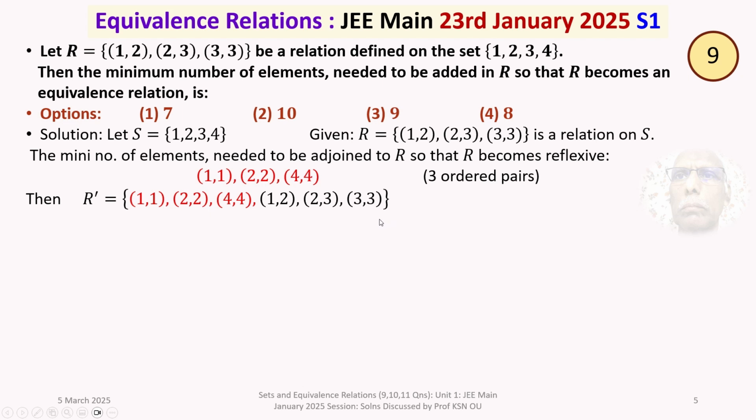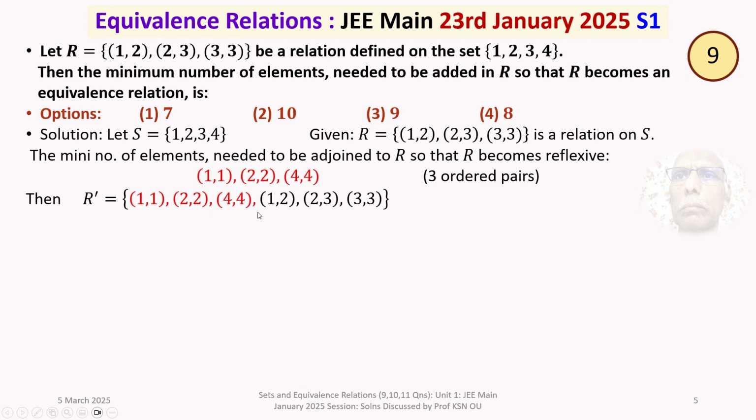No. Why? Because the symmetric property is not satisfied. You need not check this ordered pair for the symmetric property, it is already there. So (1, 2) belongs to R prime, but (2, 1) is not there in R prime, because the symmetric nature is not there. (2, 3) is there in R prime, but (3, 2) is not there.